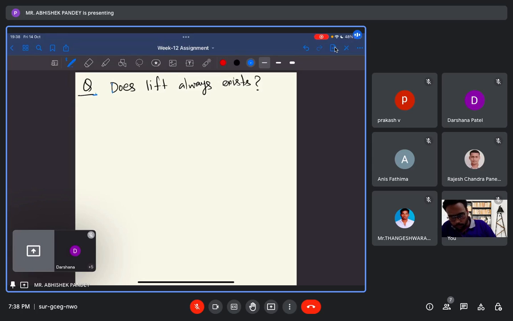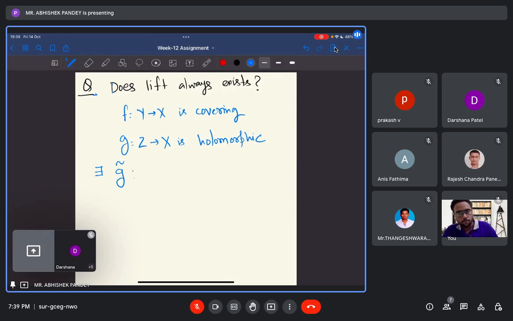So let us see. f says that Y to X is a covering, g says that Z to X is holomorphic, and there exists g tilde from where to where?